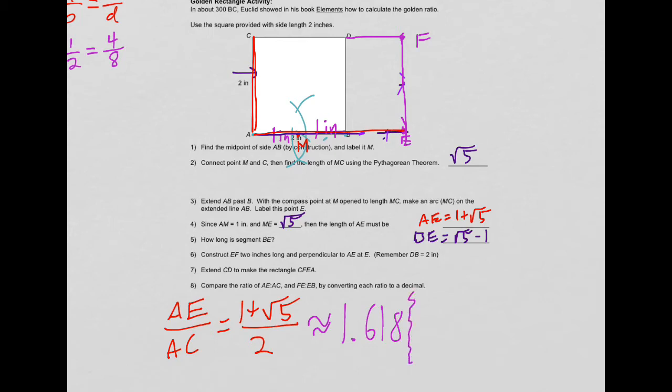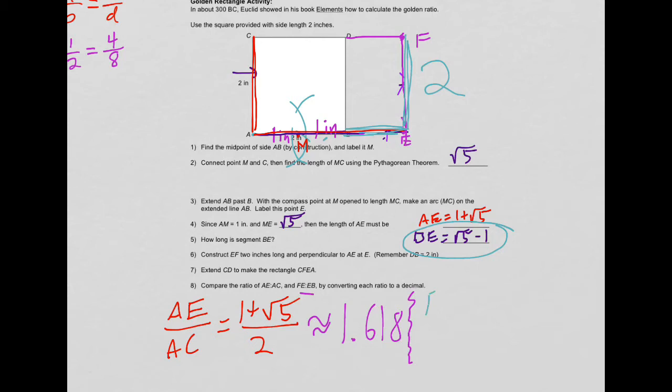Now we're going to do FE and EB. And remember that FE is this side right here, and EB is this side right here. So FE is going to be 2 because that's still the side of the square, and then BE we decided right over here would be the square root of 5 minus 1.